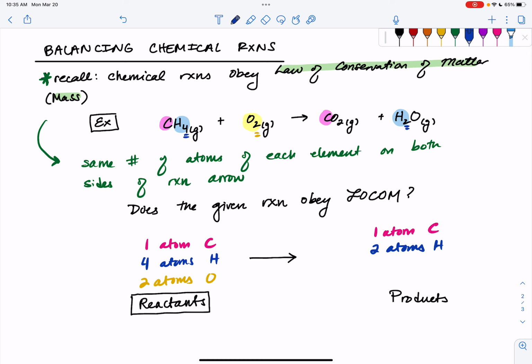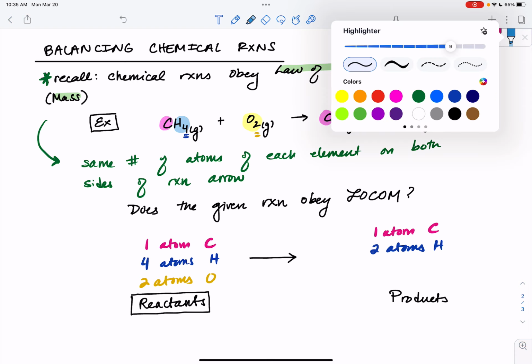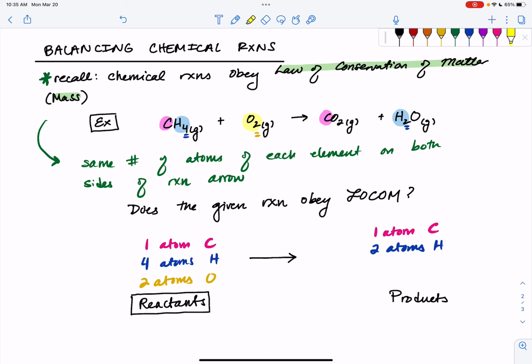And then lastly, looking at our oxygen, in both my product compounds, carbon dioxide and water, I have oxygen, so I need to count in total. So from the carbon dioxide, that is 2 atoms of oxygen. And from the water, that is 1 atom of oxygen. So 2 plus 1 gives us 3 atoms of oxygen.